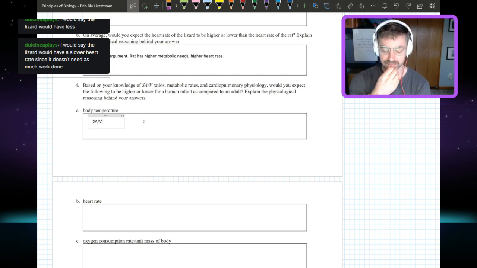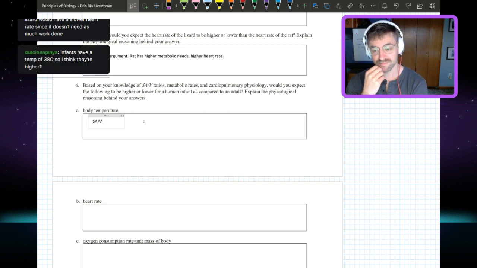To volume. So if body temperature is lost across surface area, is the adult's temperature lower? Infants have a temp of 38 C, so I think they're higher.